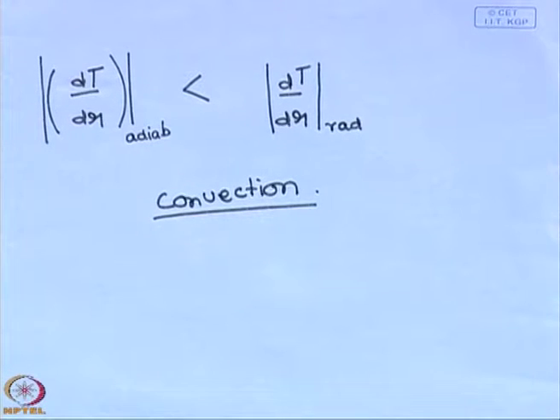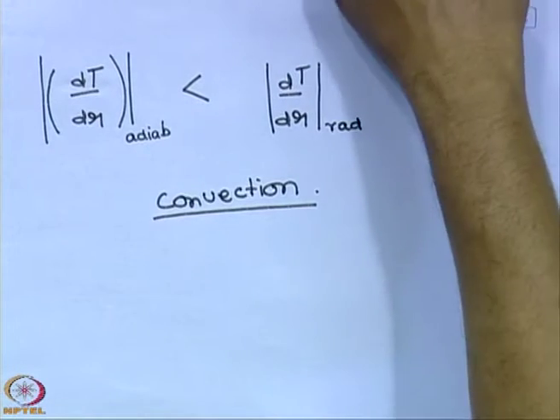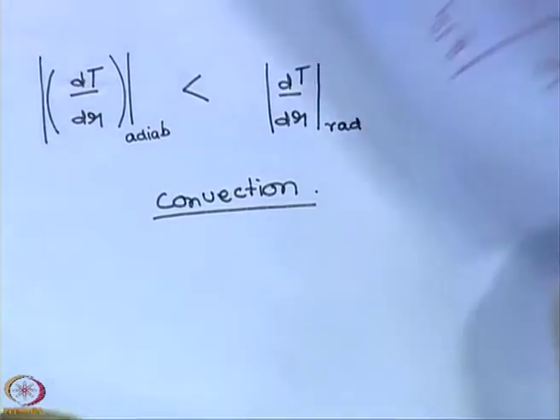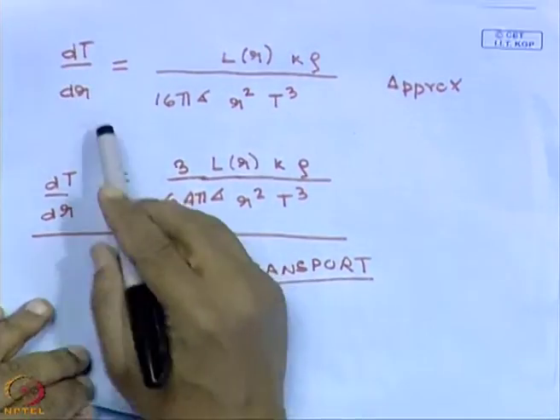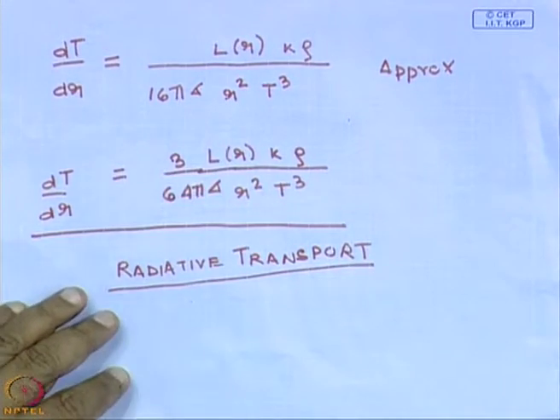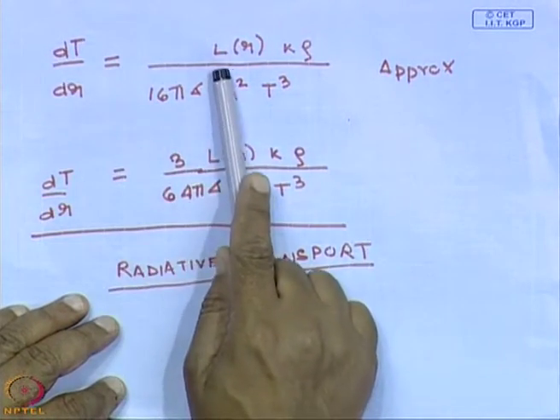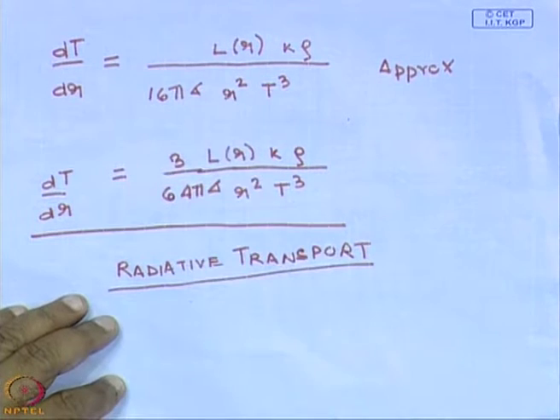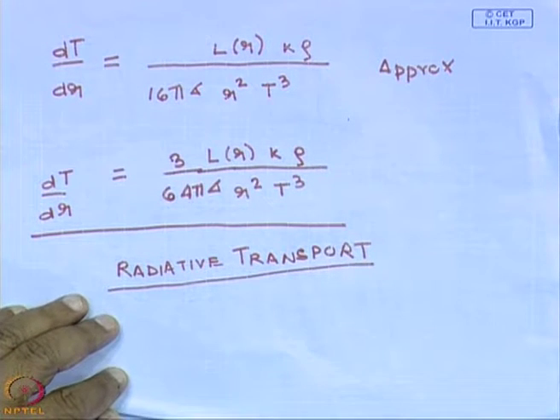Okay. Now, let me remind you that the temperature gradient due to energy transport through radiation is dependent on the luminosity at that point. Okay.